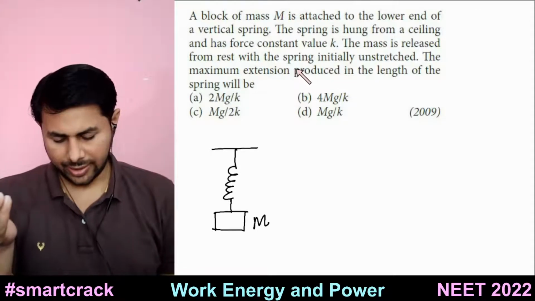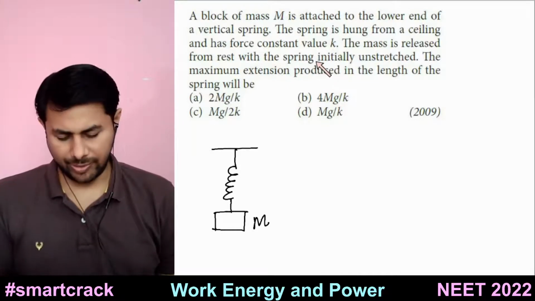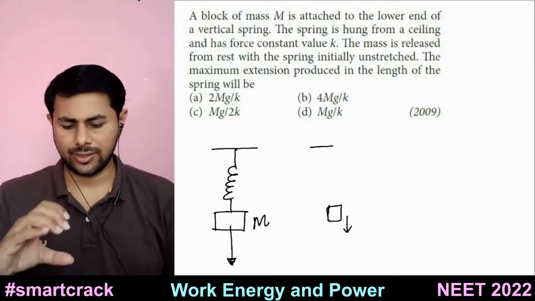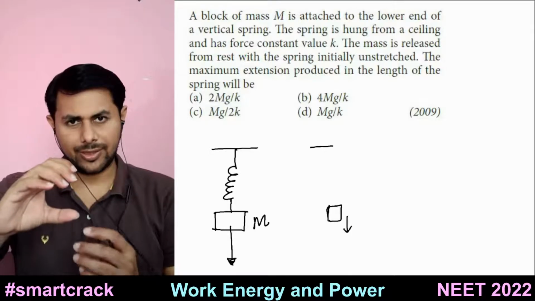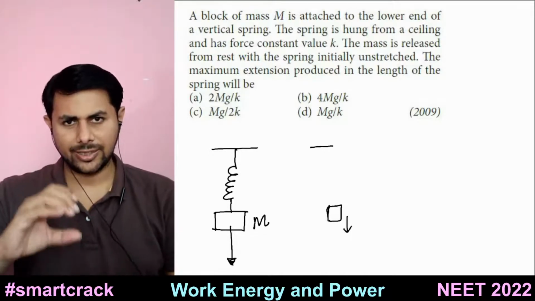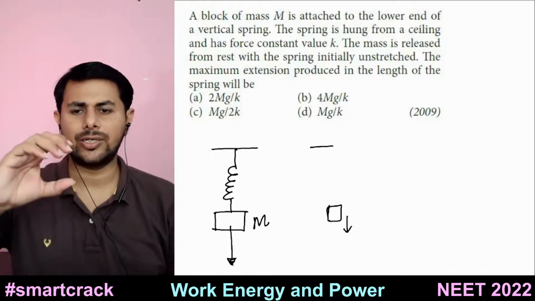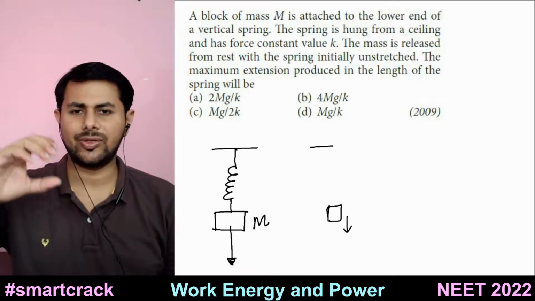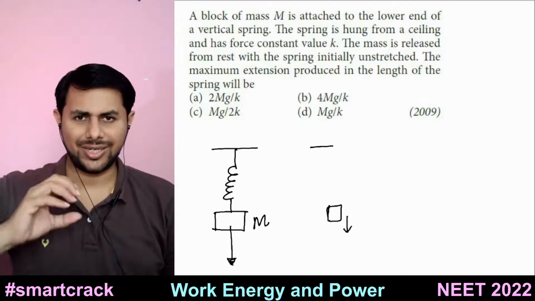If we release it from rest, there will be some extension in the spring. Suppose this block goes down like this, there will be a point where its speed is maximum. After that it goes on decreasing, and at some point it becomes 0. Then it moves upwards, its speed becomes maximum at some point again, and then it will decrease and stop.